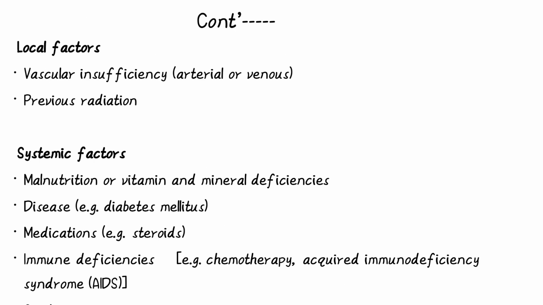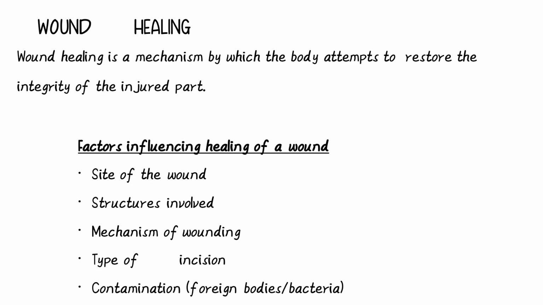Okay. So for the local factors, we mainly look at vascular insufficiency. Our focus is on arterial and venous. Then we also look at previous radiation, that's under local factors. What about systemic factors? We look at malnutrition, vitamin and mineral deficiency. If these deficiencies are present, then we'll have slow progress of wound healing.